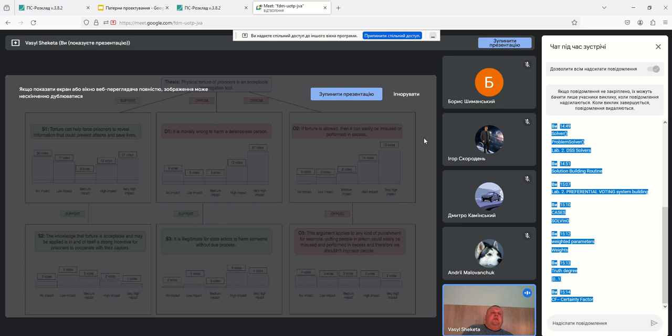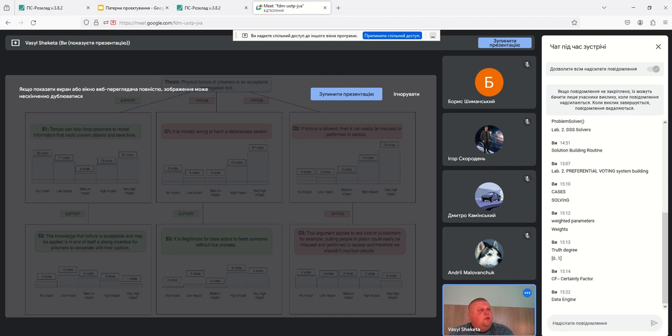So in this discussion, we need a new conception. New conceptions are very important. It's the data engine. What is a data engine?